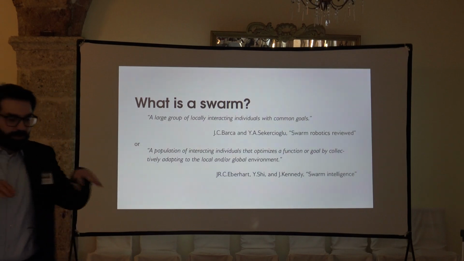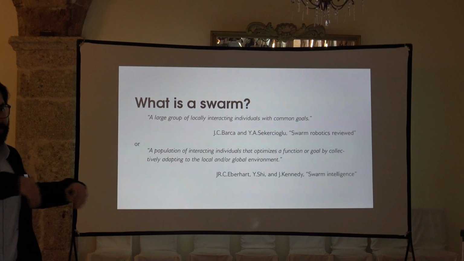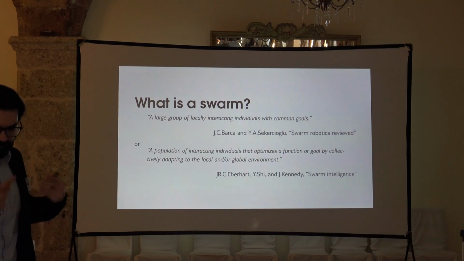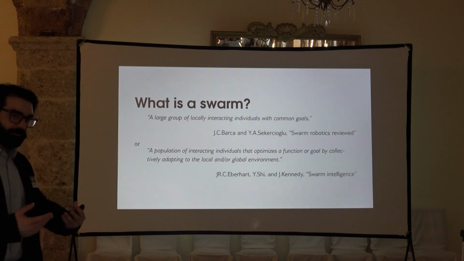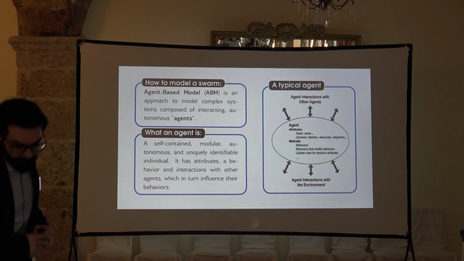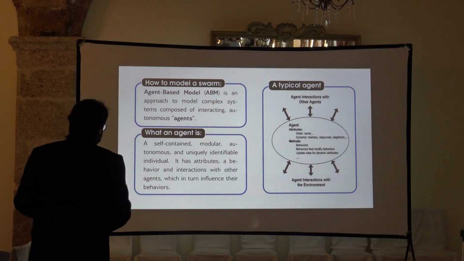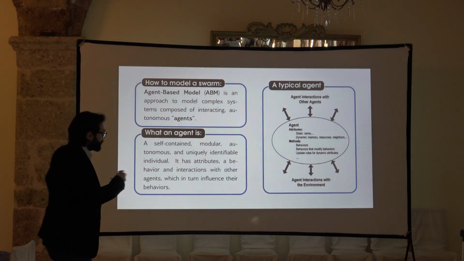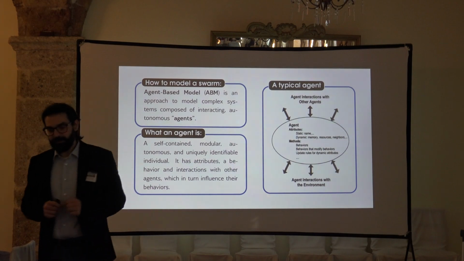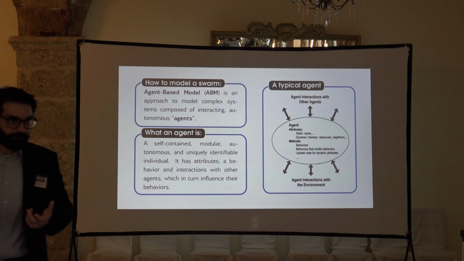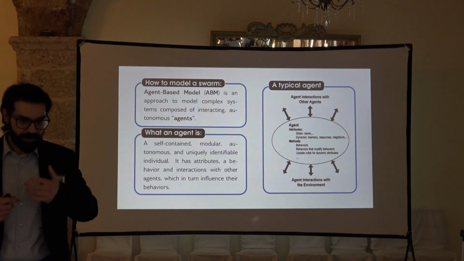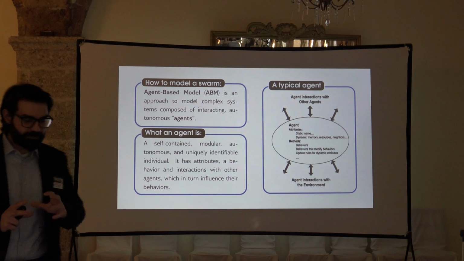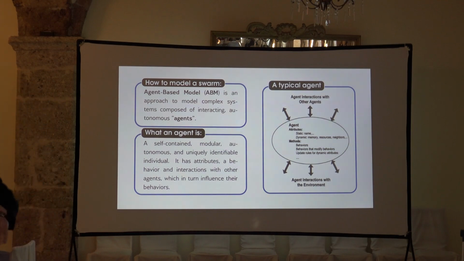They only see their neighborhood, the neighbors, and so they react as a consequence. So let's be quick. The swarm approach is a part of the agent-based model. Maybe you are more familiar with cellular automata. If you imagine a continuous cellular automata, you can see the swarm approach as a particular case.